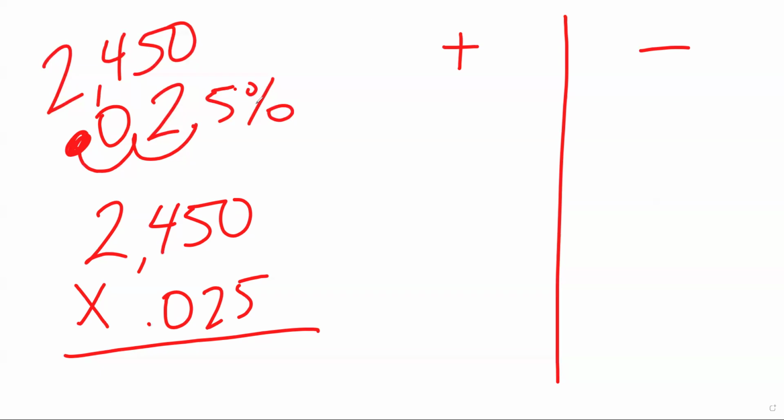Sometimes if you put in 2.5 and you hit the percent button, the calculator will automatically convert it to 0.025. But mine doesn't do it on my computer, so I don't want to show you that. But go ahead and let's multiply the 2,450 times 0.025. 61.25.